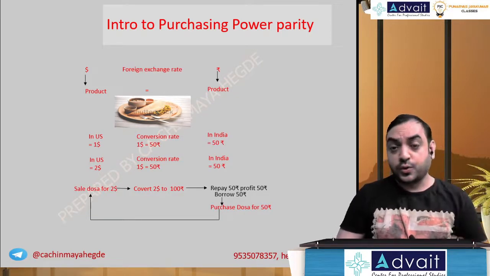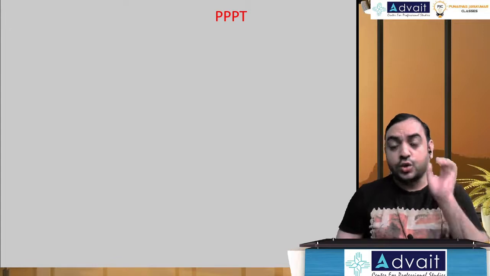Parity means equal. The currency may be different across two countries, but when you compare their implied exchange rates, you cannot have two different prices, or you can say the law of one price. It means the ability to purchase the product in the two countries is the same. That is the purchasing power parity theorem.